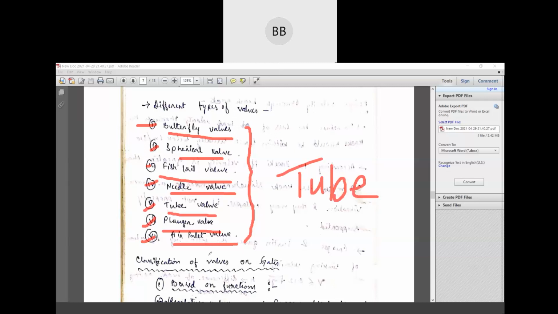Sixth one, plunger. And the last one is air inlet.